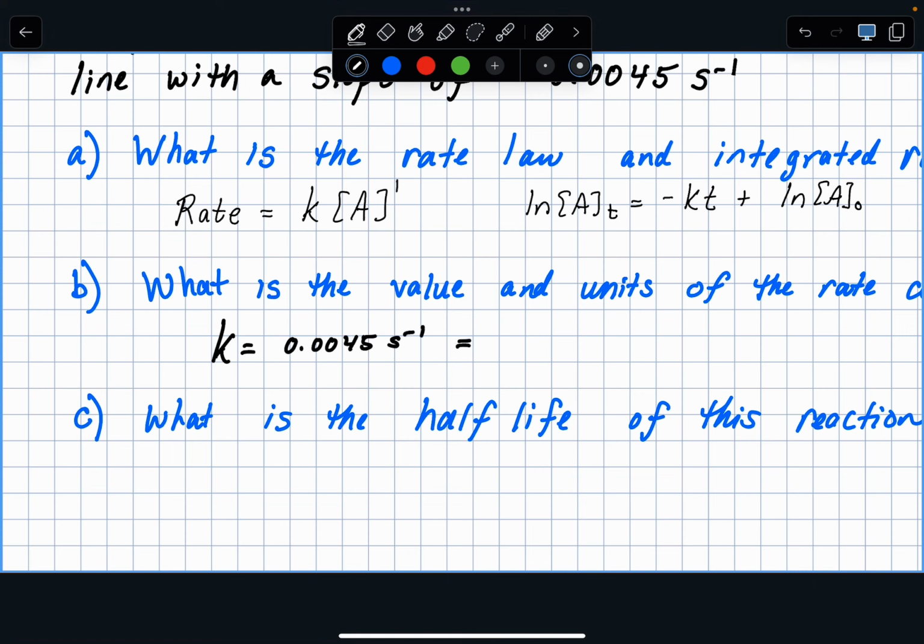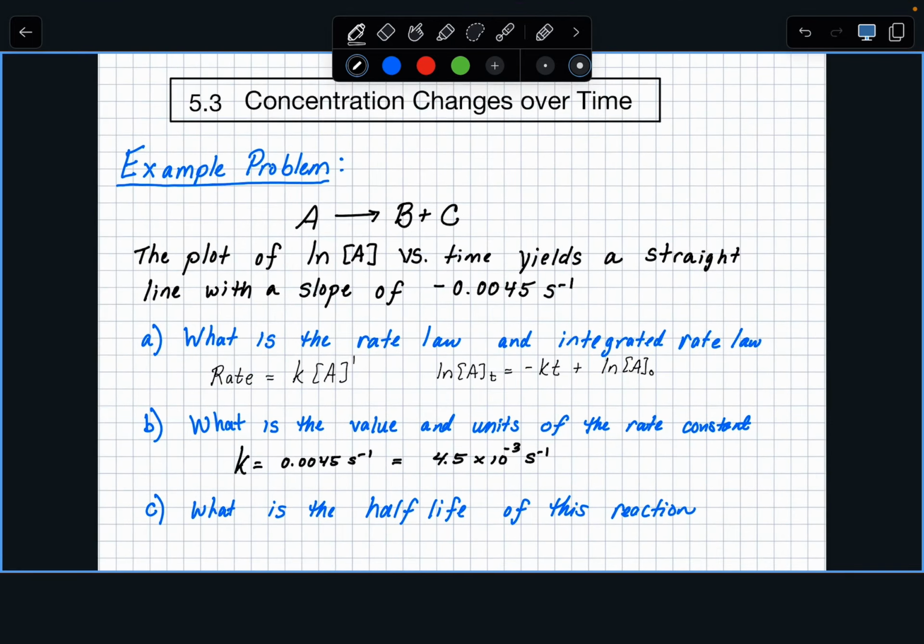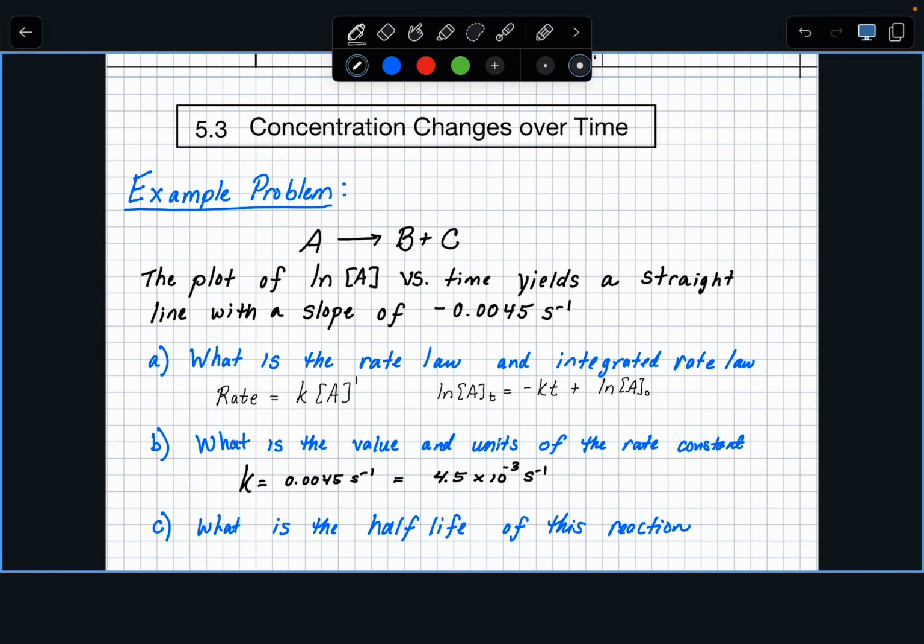You're going to see in some books they might put it in scientific notation, so 4.5 times 10 to the negative 3 per second. The value was just given to you right in the prompt, since they told you the slope of that graph. All right, so those are two easy ones.